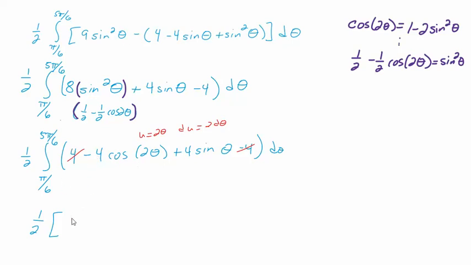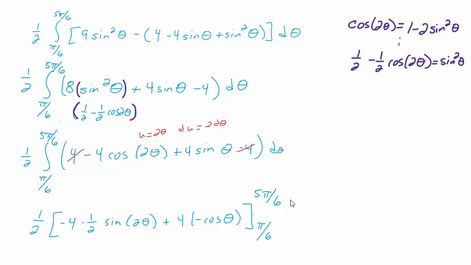However you learn, there's a couple ways to do it, but hopefully you've done that at some point. So we'll have -4 times 1/2 sine 2 theta plus 4 times negative cosine theta, antiderivative of sine. And we're going to evaluate that from pi over 6 to 5 pi over 6.